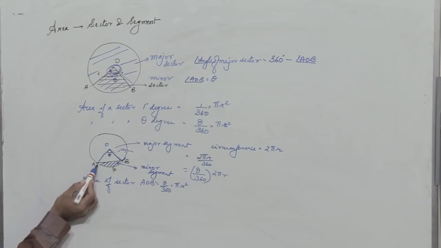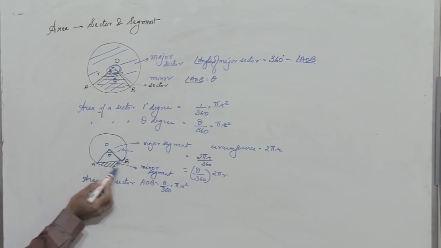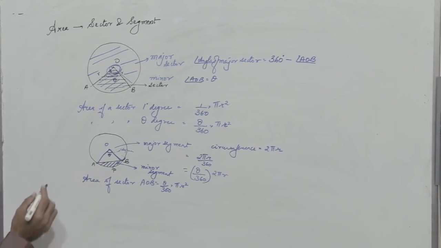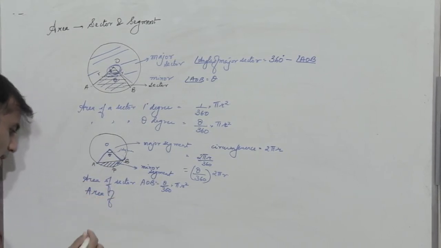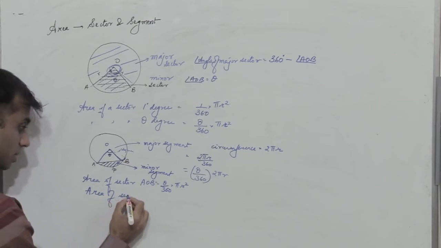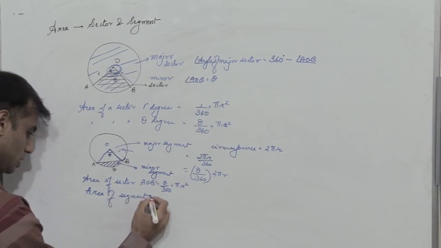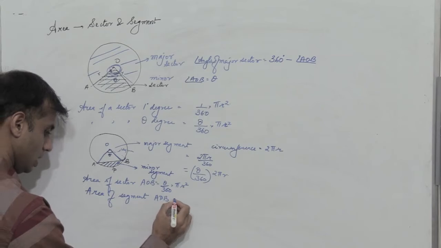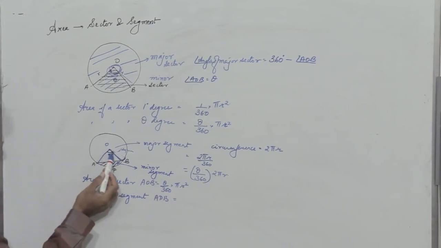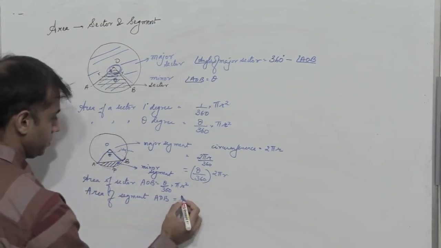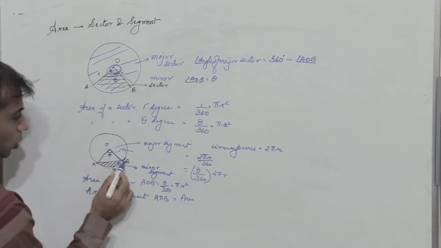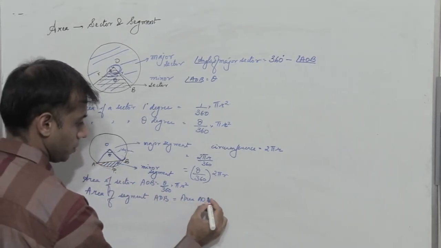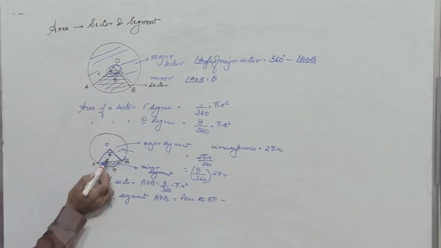If I want to find the area of this minor segment alone, which is APB, the shaded portion, then the area of the segment APB is nothing but the entire area of this sector, given by area AOBP, minus the area of this triangle.